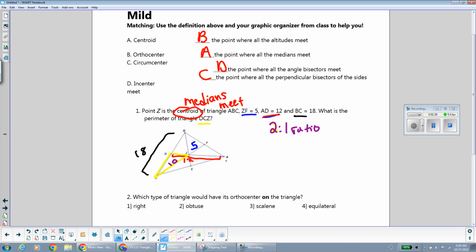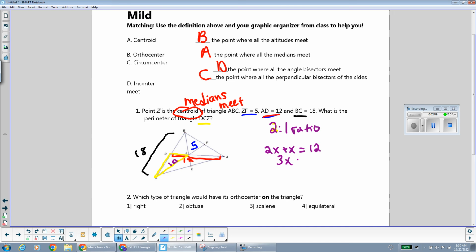I know that AD, the entire median over here, is 12. So once again, I know that the 2 parts of the median are split in a 2:1 ratio. The smaller part and the larger part are in a 2:1 ratio. So the larger part, the 2x part of the ratio, plus the smaller part, the 1x part of the ratio, is equal to the whole median, which is 12.